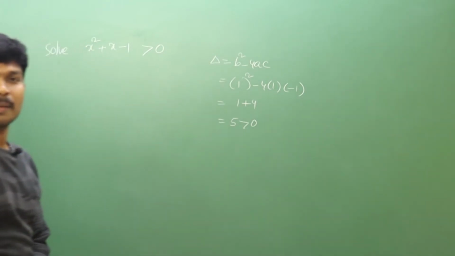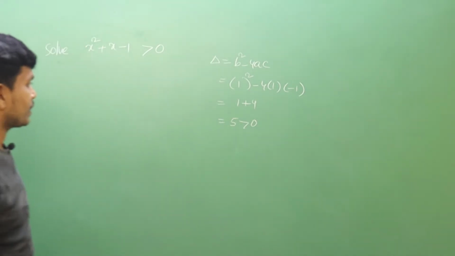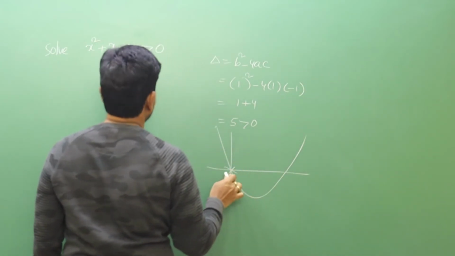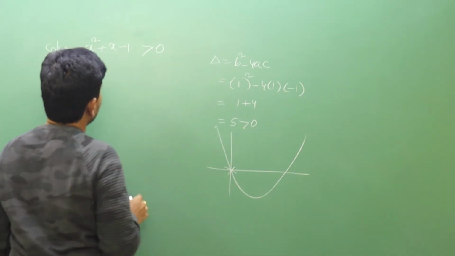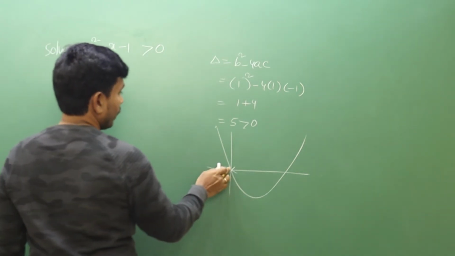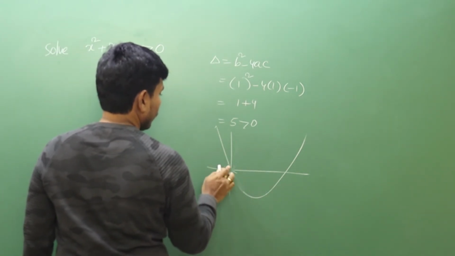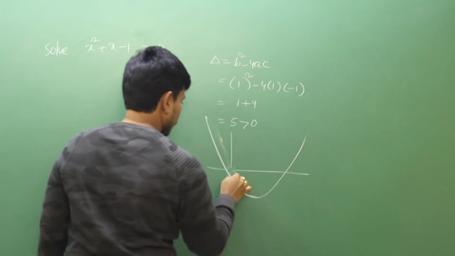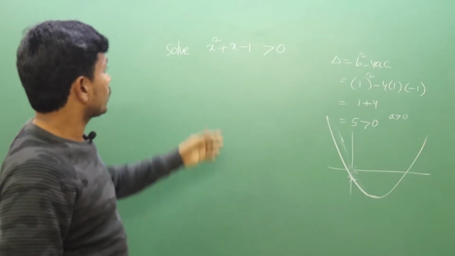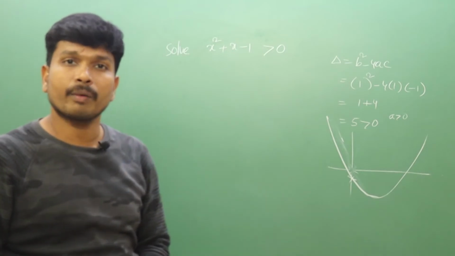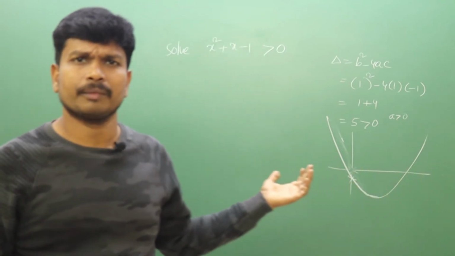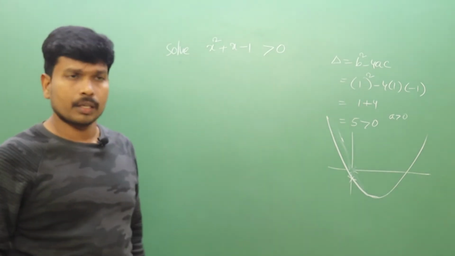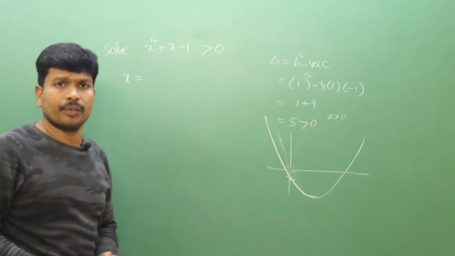Discriminant greater than 0, your graph comes like this, cutting the x-axis at 2 points. Put x value 0, y value is minus 1, so it cuts the y-axis at minus 1. Like this. Now, when will this expression be positive? We discussed that in quadratic equations. Here we must find the x values.